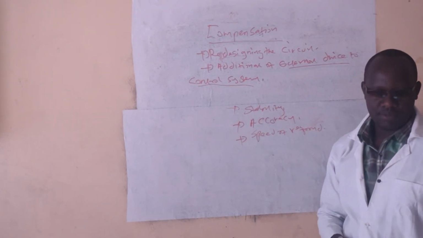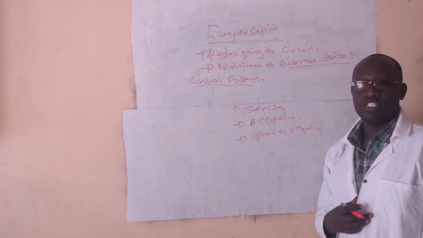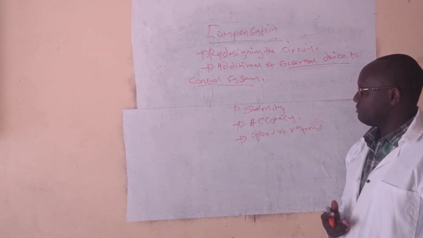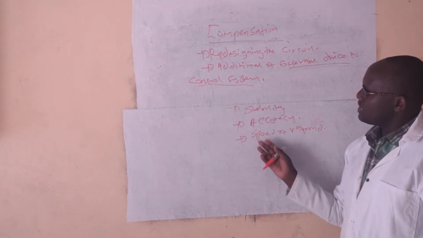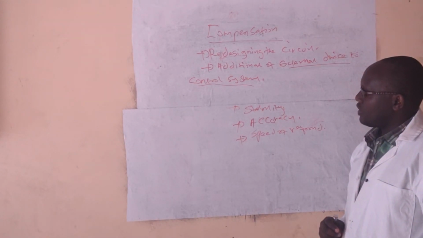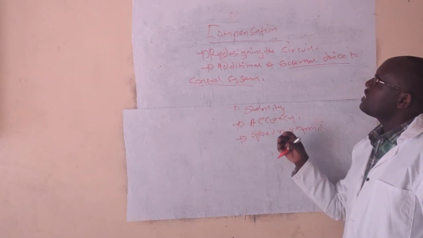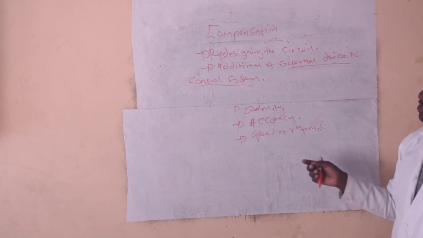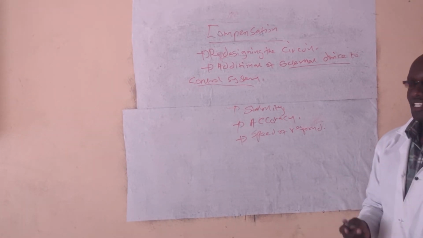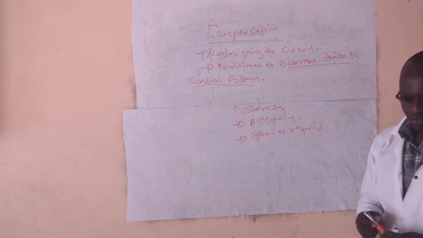We want a system that can respond quickly. So these three requirements forced us to redesign the circuit, and redesigning the circuit, we are calling it compensations.